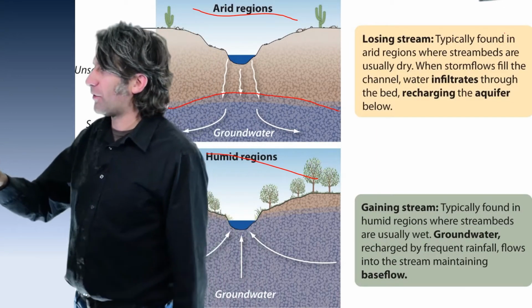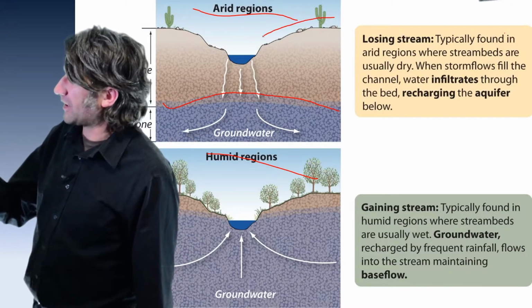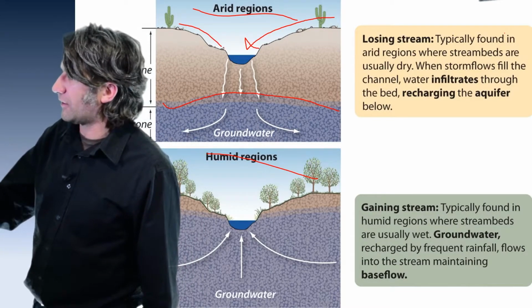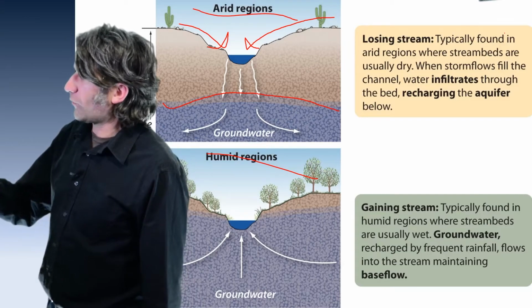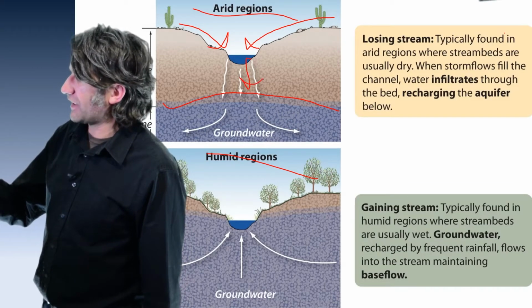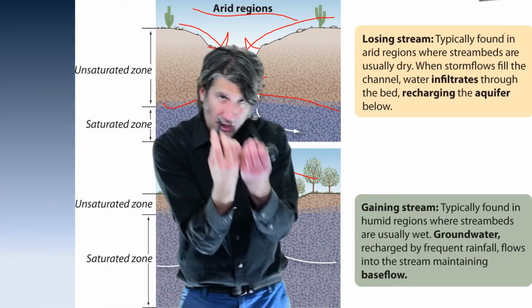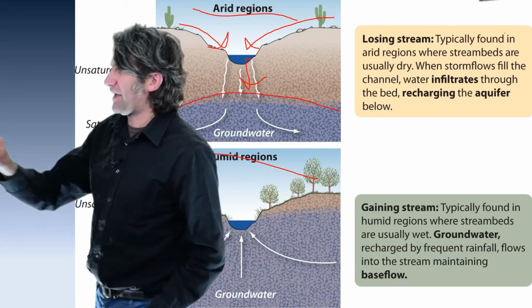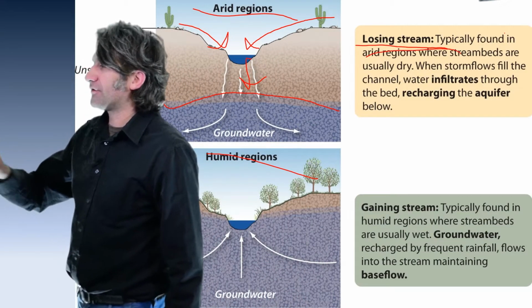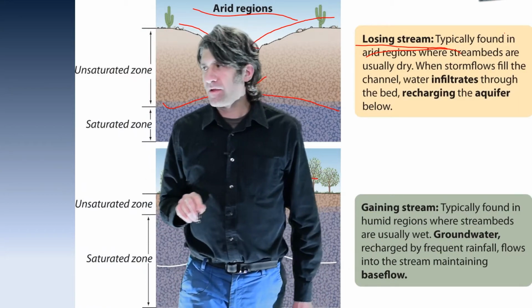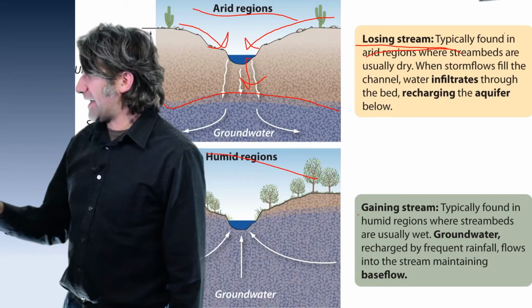And so at this point, any water in the stream has to be coming just from overland flow. And once the water is in the channel, it's going to percolate, infiltrate out of the bottom of the channel. We call this a losing stream. The opposite of that would be a gaining stream.